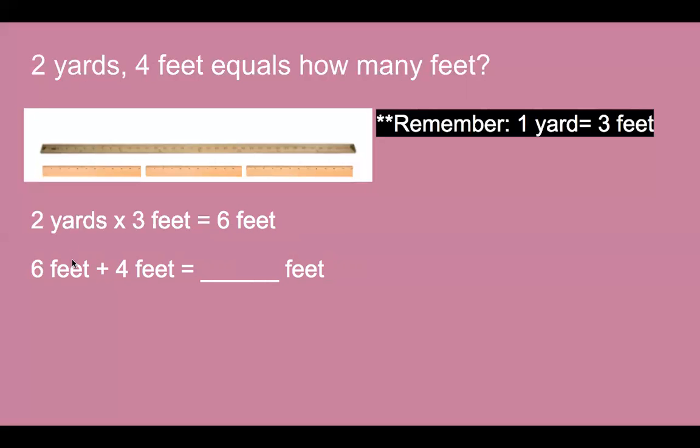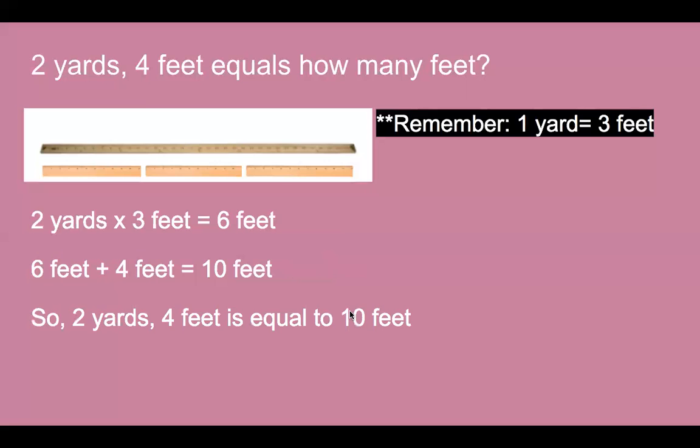So we add those two amounts together: 6 feet, which was our 2 yards, plus 4 feet is 6 plus 4, which is 10 feet. We just figured out that 2 yards, 4 feet is equal to 10 feet.